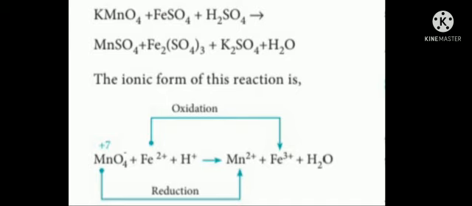The conversion of Fe2 plus into Fe3 plus is called an oxidation reaction, since loss of electrons takes place. In the conversion of Mn7 plus into Mn2 plus, it gains 5 electrons. In the conversion of Fe2 plus into Fe3 plus, it loses 1 electron. It is explained in the ionic form.